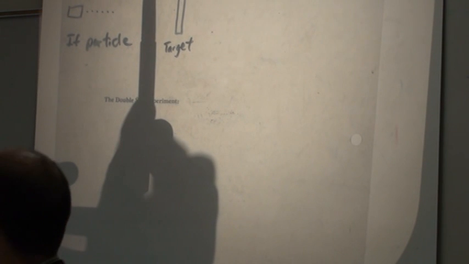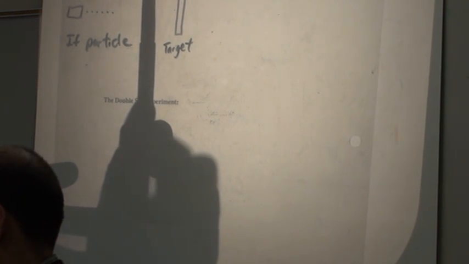I'm going to shoot it at a target, but I'm going to put a wall in front of my target. But I'm going to put a hole in my wall. And that is the slit.